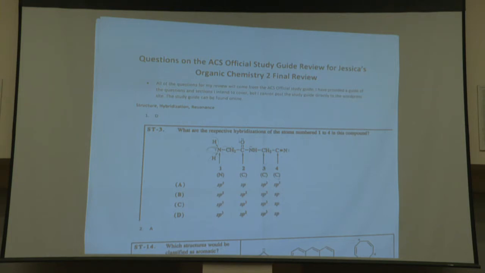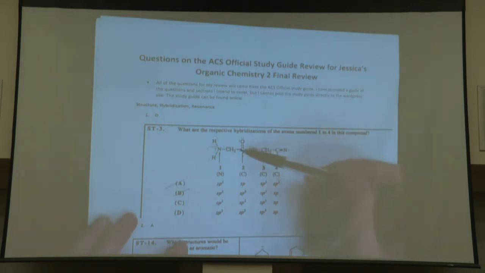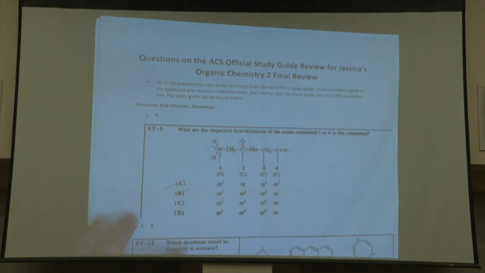So it's going to be an sp3, right? So already we can cross out the first 2 because they start with 2 sp2s. So then we go to the second one. It's got 3 groups on this carbon, right? So that's going to be an sp2, right? Those are both sp2s, so we have to move on.